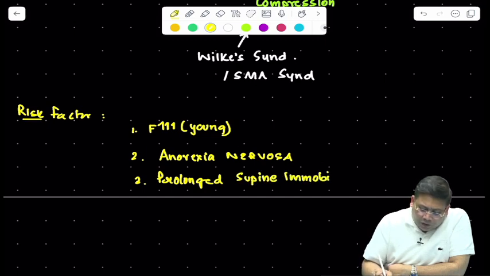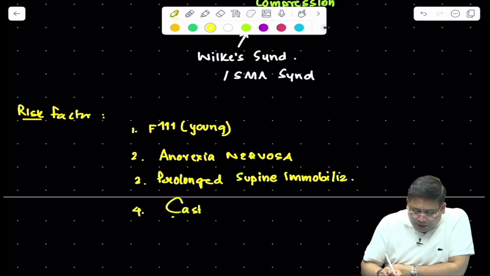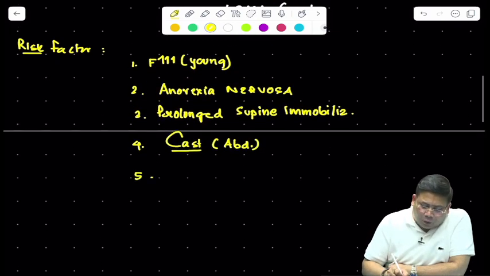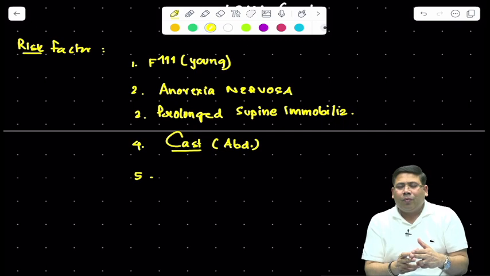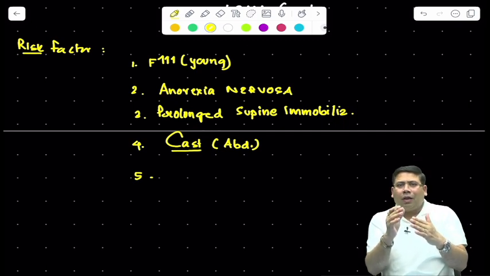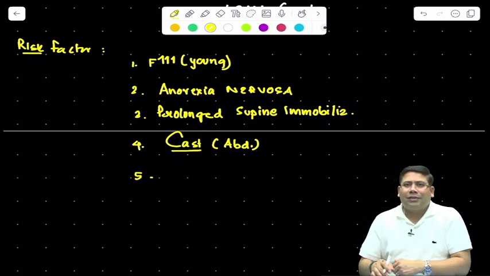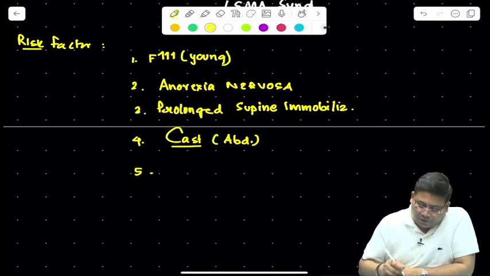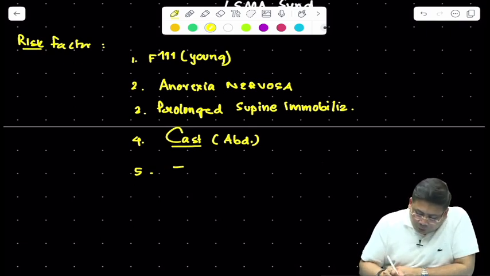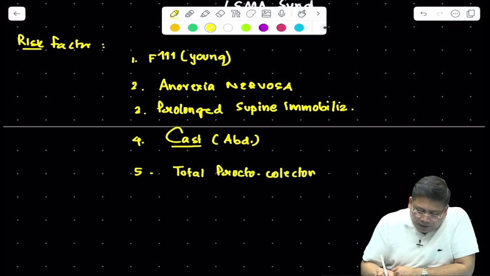One more thing is cast, and what kind of cast? Abdominal cast. Then students, post total proctocolectomy, when we talk about the ileorectal or ileoanal J-shaped anastomosis, this is very important. Remember, post total proctocolectomy, whenever we do this with J shape, it is ileoanal anastomosis.